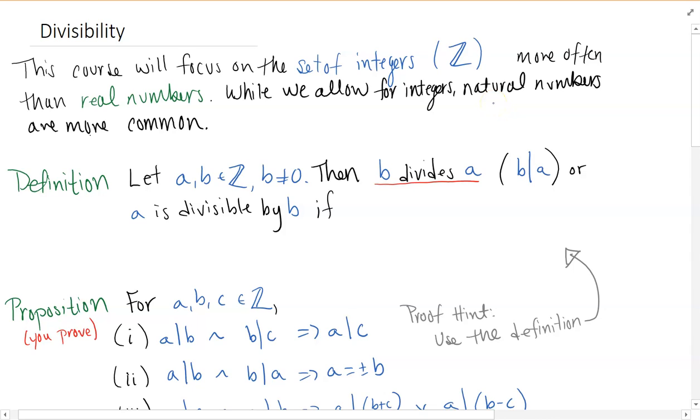All right, first definition that we're going to come across: A, B are integers. Yes, I'm going to use shorthand notation so I don't have to write a ton. And we're also saying B is not 0.